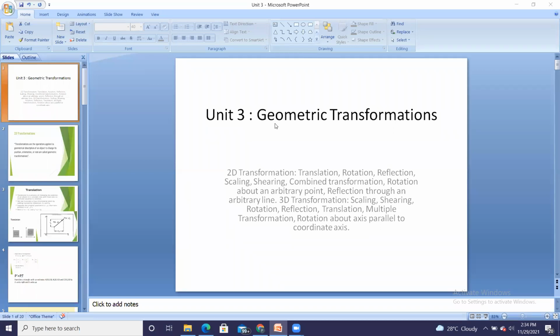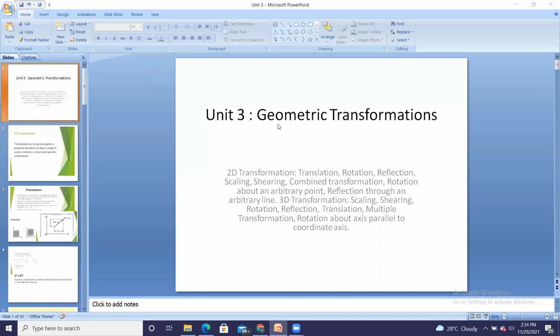The name itself gives you an idea: different transformations like scaling, translation, and rotation take place on geometric objects, and that's why it is called geometric transformations. A single point is a geometric entity. A line, which is composed of two endpoints, is also a geometric entity.